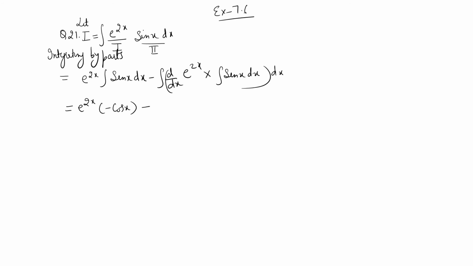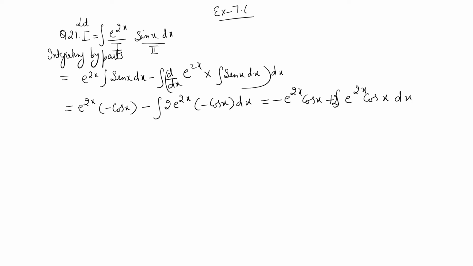Now d/dx of e2x is 2e2x, into integral of sin x which is minus cos x, dx. So it changes to minus e2x cos x plus, taking 2 outside, integral of e2x cos x dx.